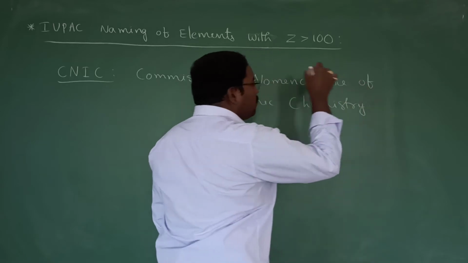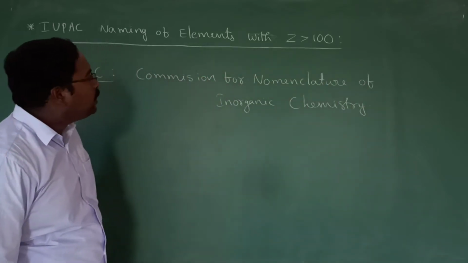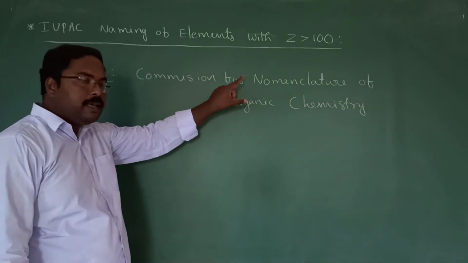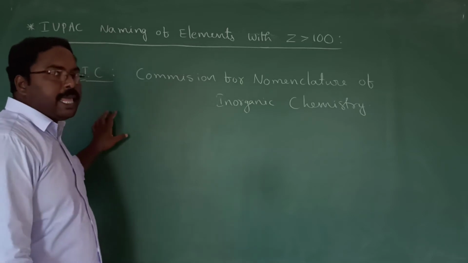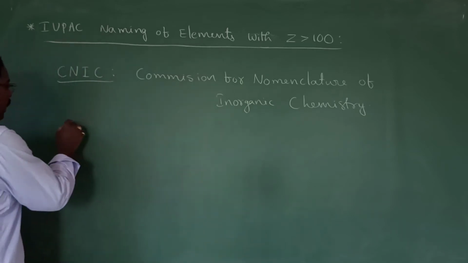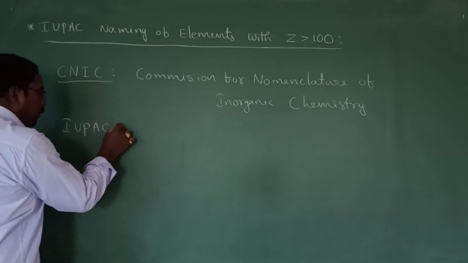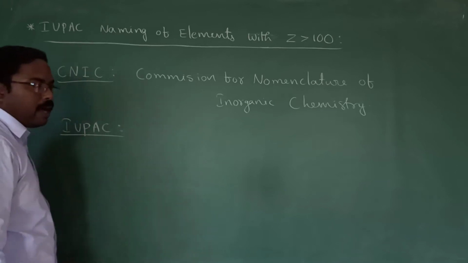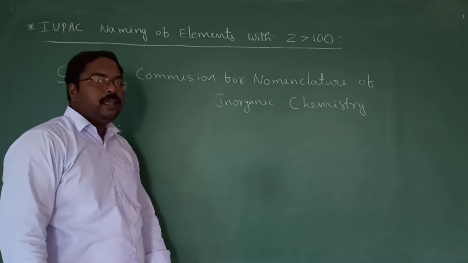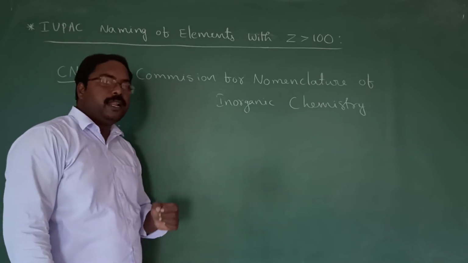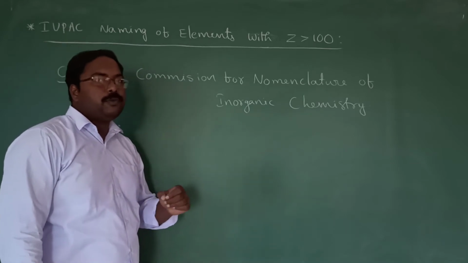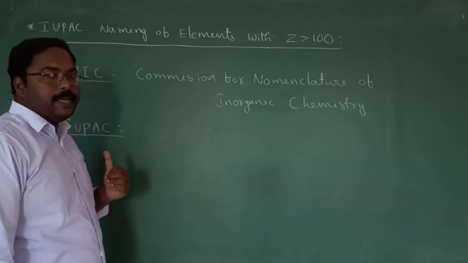So the rules for naming of the elements with the atomic number more than 100 were given by CNIC, but which was appointed by IUPAC. Everyone knows about IUPAC. If not as a chemistry student, then as a science student, 100% we should know about IUPAC.